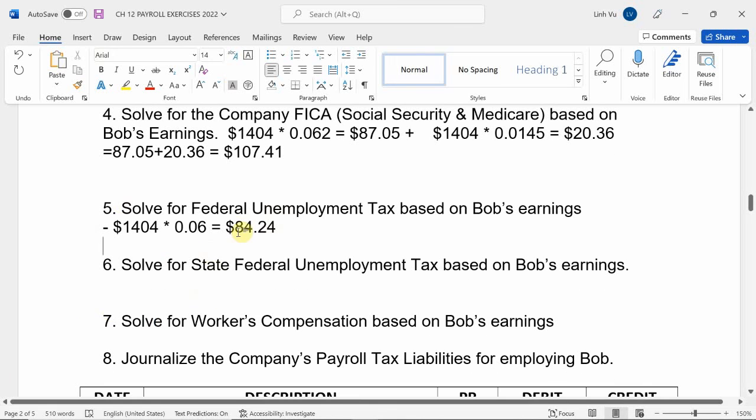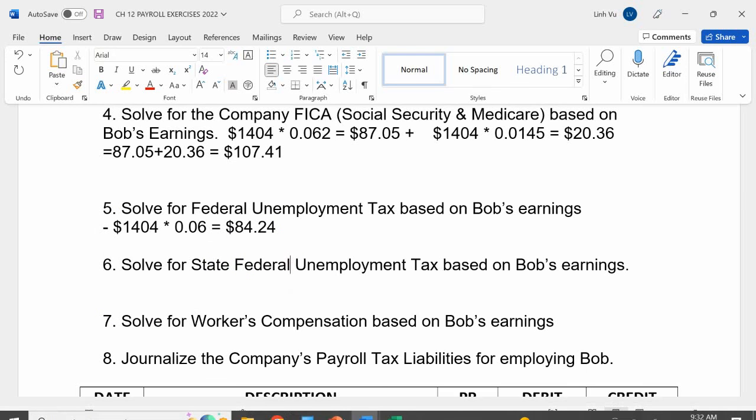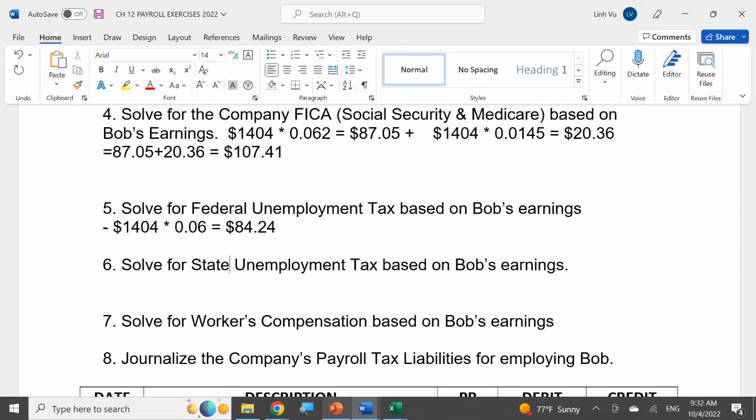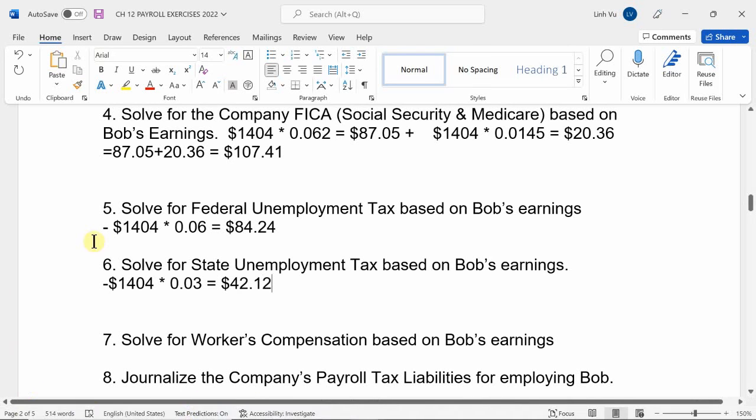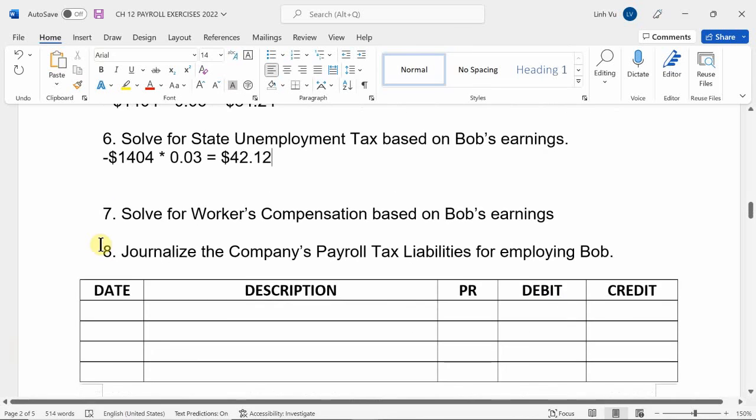Then, how much did we say state unemployment? 3%. Which in this case gave you a total of 42.12. Okay, right. Just take half of your federal.